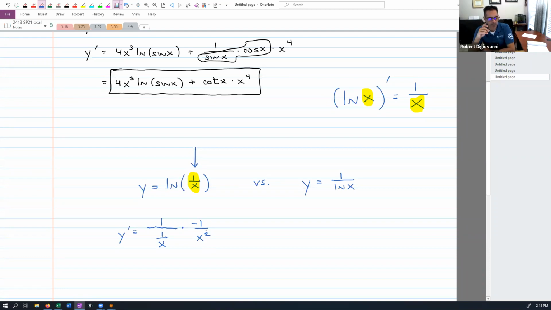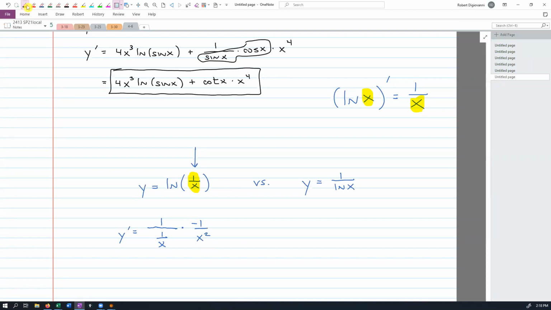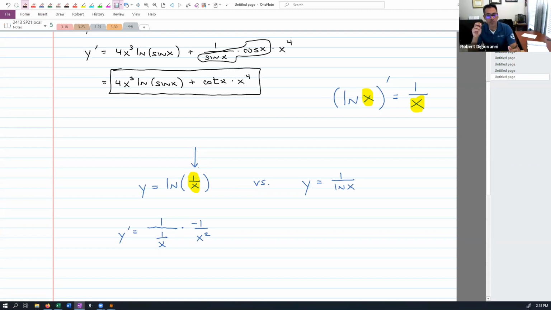How'd you do that? I just used the quotient rule. You used the quotient rule? Okay. You can use the quotient rule, right? There's a faster way. Look, everyone, this is really x to the negative 1, isn't it? Isn't that what 1 over x really means?